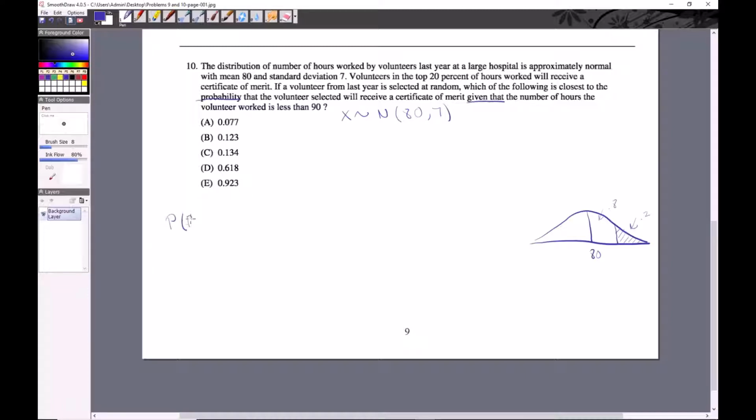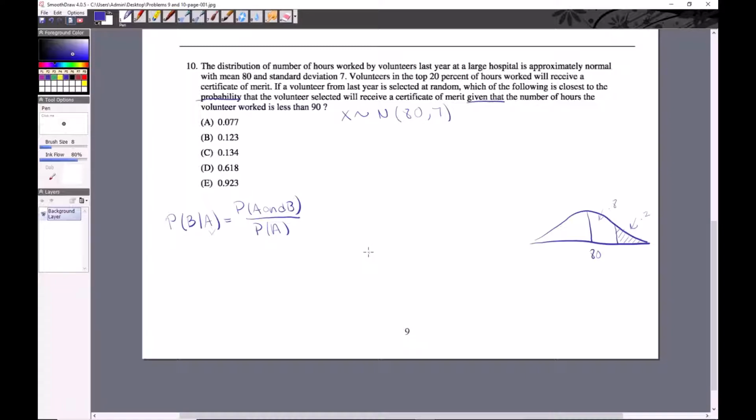The probability of B given that A occurs is the probability of A and B divided by the probability of A. All right, so we've got two things that are being interacted here.